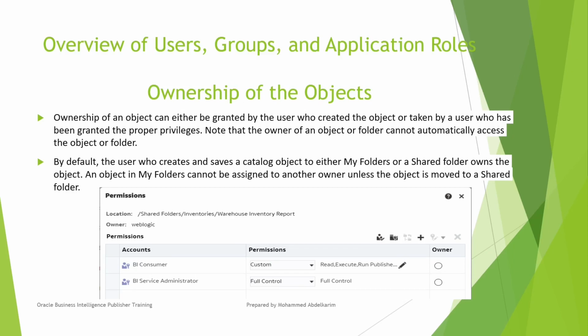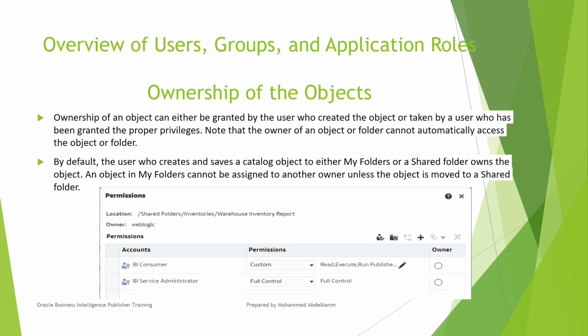By default, the user who creates and saves a catalog object to either my folder or a shared folder owns the object. An object in my folder cannot be assigned to another owner unless the object is moved to a shared folder.